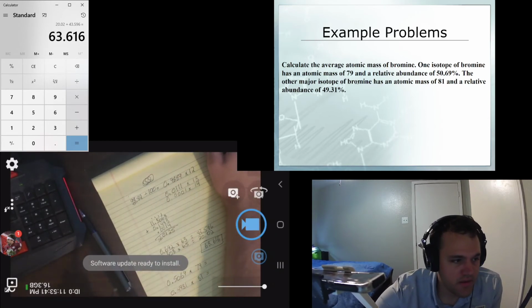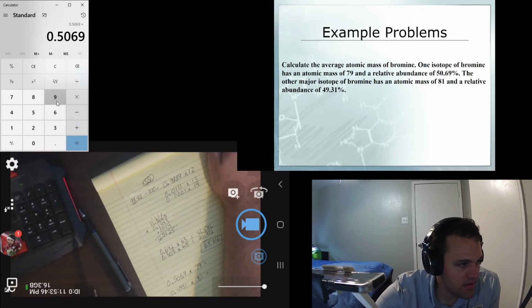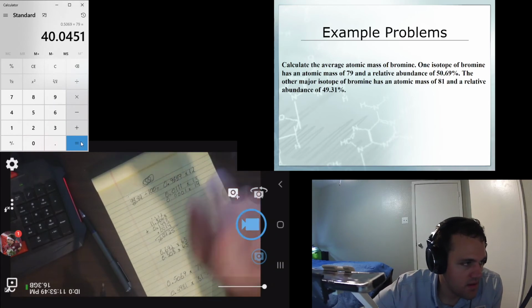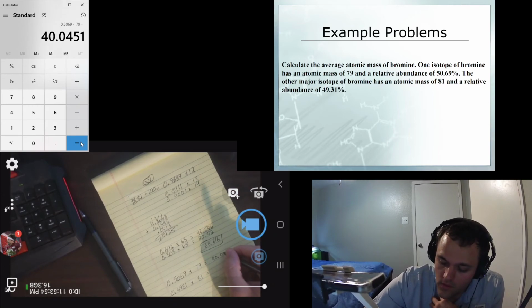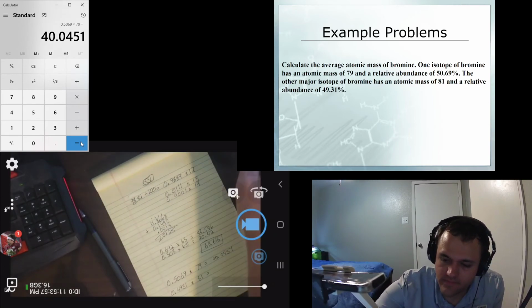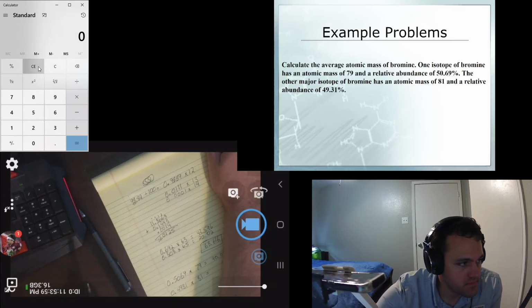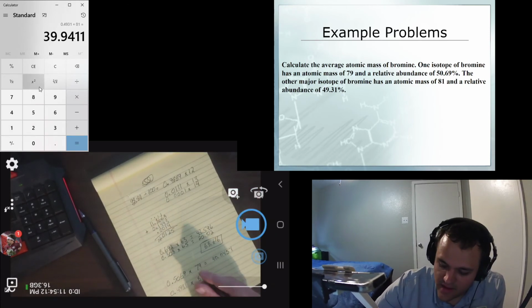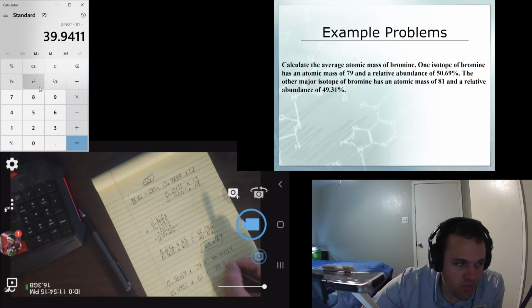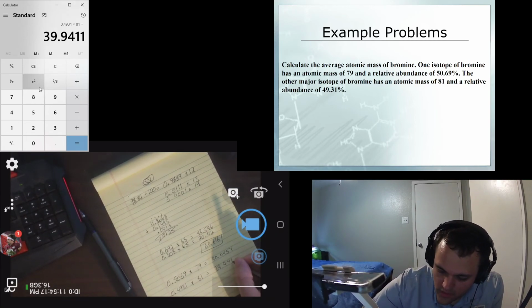Plug that into your calculator. 0.5069 times 79 is 40.0451. And then we've got 0.4931 times 81, the mass of the isotope there, and that's 39.9411.